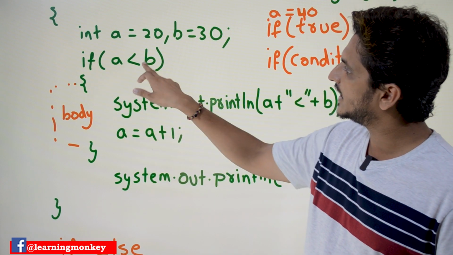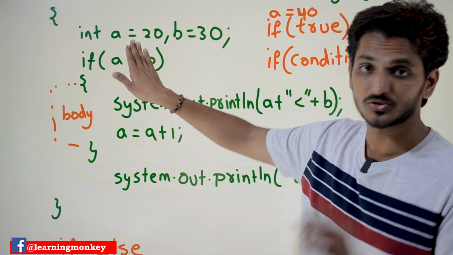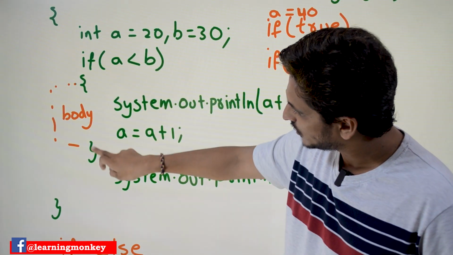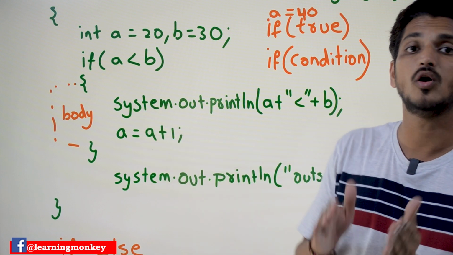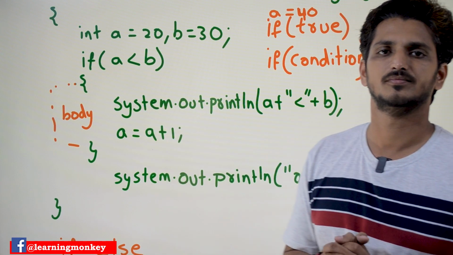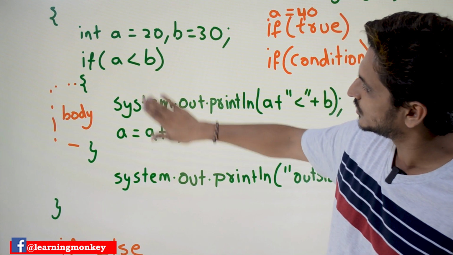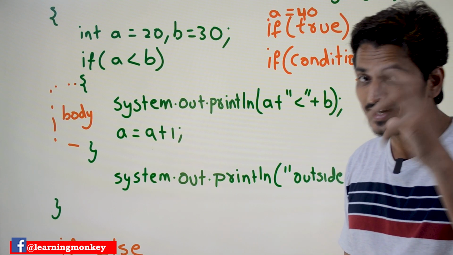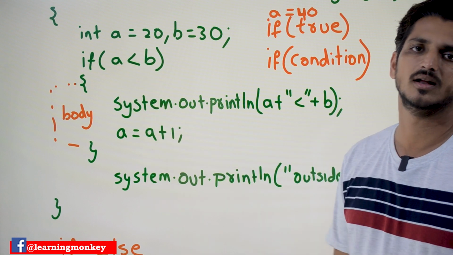So if a less than b, in these brackets we write the condition. If this condition is true, then open curly brace, close curly brace, whatever you write in between we call the body of the if. It means if this condition is true, it is going to execute the body. So we have written one simple conditional statement: the if condition.